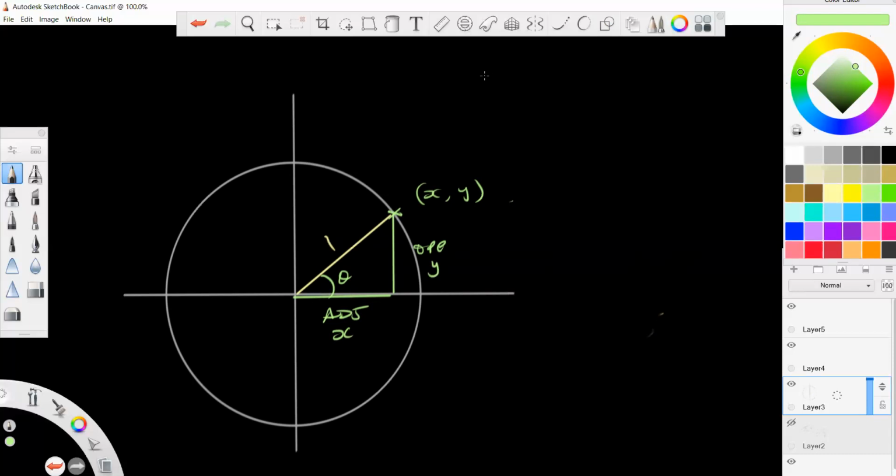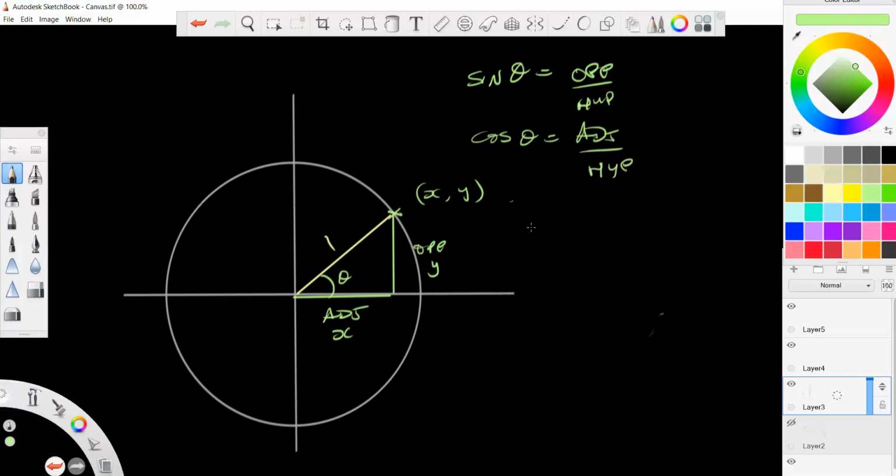And so we can say that sine theta equals opposite over hypotenuse, and cos theta equals adjacent over hypotenuse. We said the hypotenuse is 1.